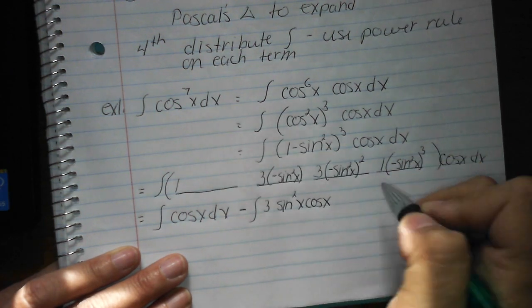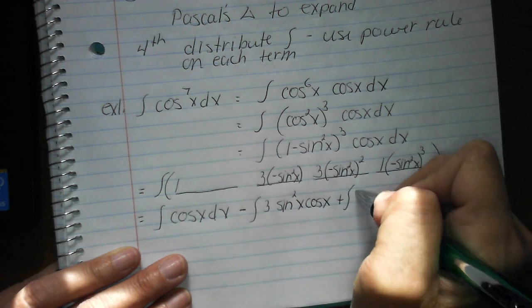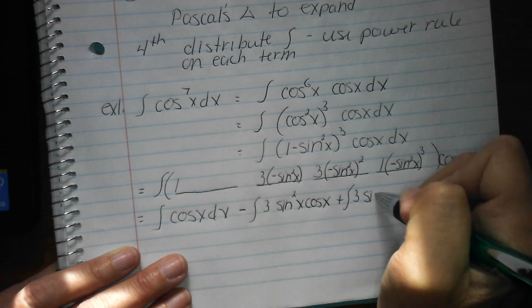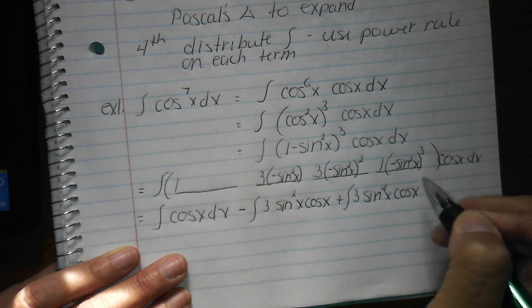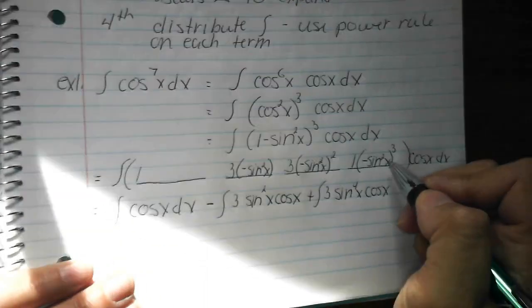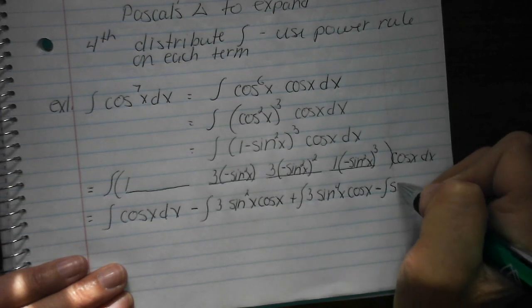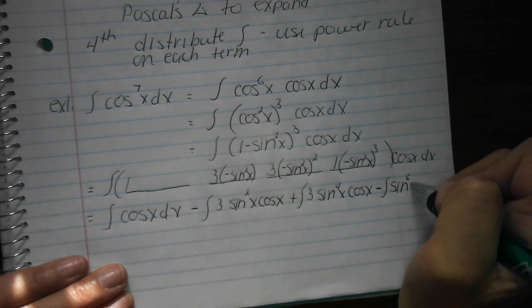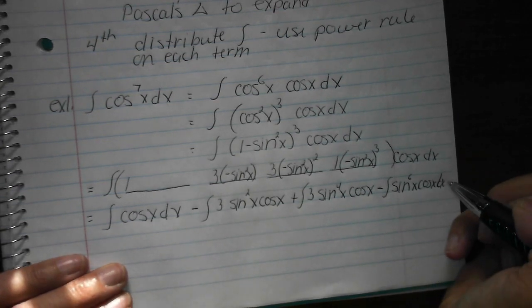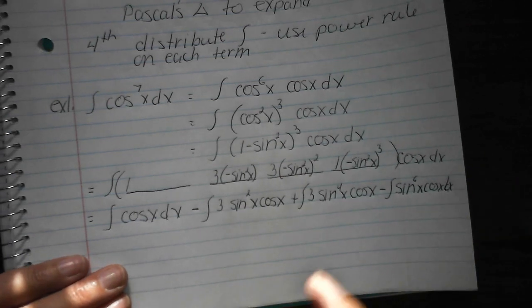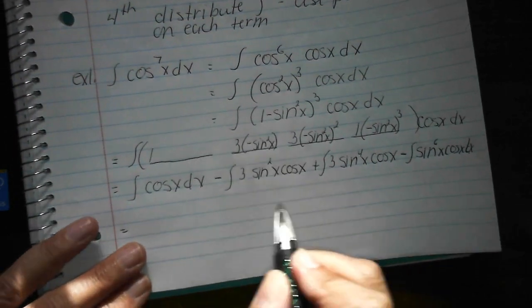Next one is going to be a negative squared that's going to go positive, 3 sine to the 4th cosine. And then our last one will be negative cubed is negative sine to the 6th cosine. I'm almost done. Okay.